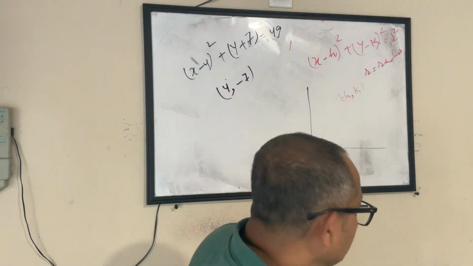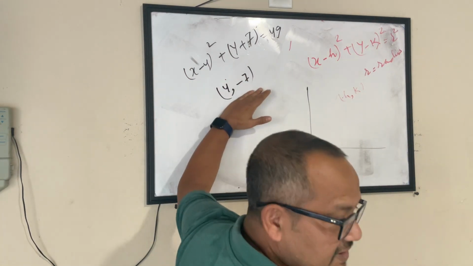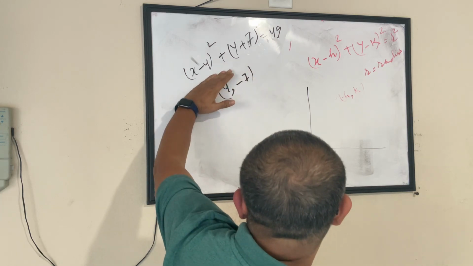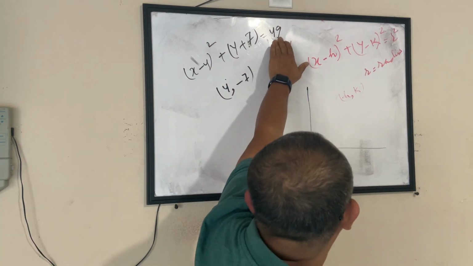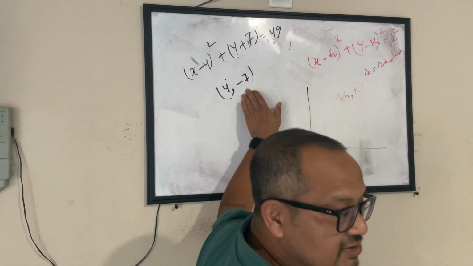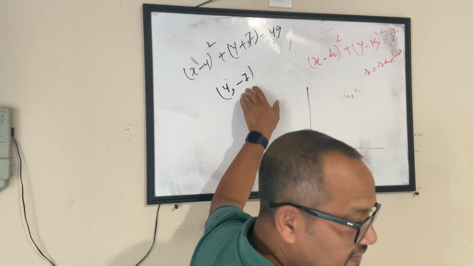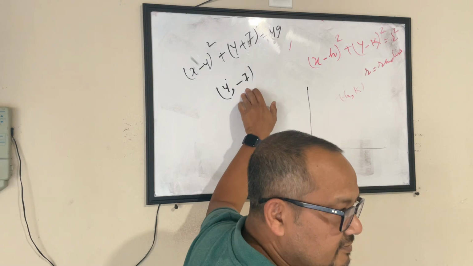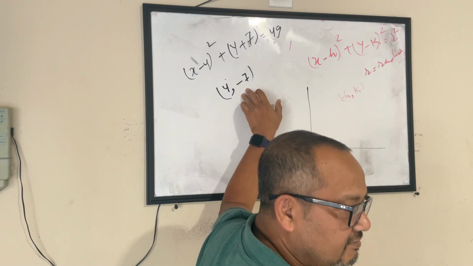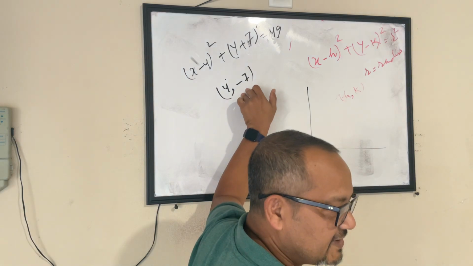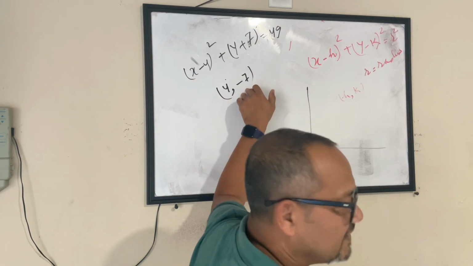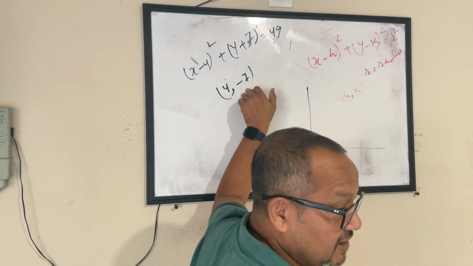Now tell me who did not get this. If I have this equation, (x minus 4) squared plus (y plus 7) squared equals 49, then I am saying my center's coordinates are 4 and minus 7. Anybody who is confused right now? It's okay to be confused.